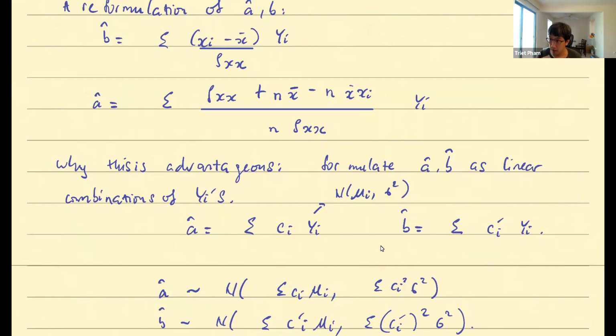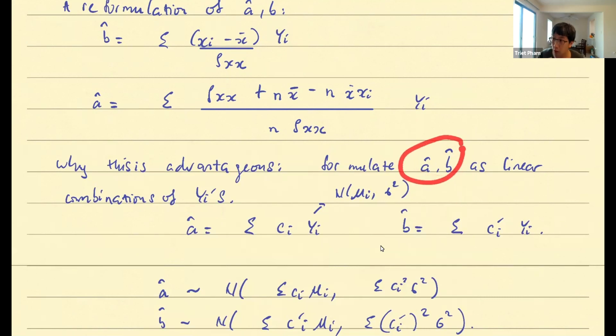And in fact, there's even a deeper message here. That is, in linear regression, at least in normal linear regression, the coefficient estimators are just linear combinations of the response. Okay, that's more important. And this is a true fact in general, as hopefully I'll tell you at the end of this session.